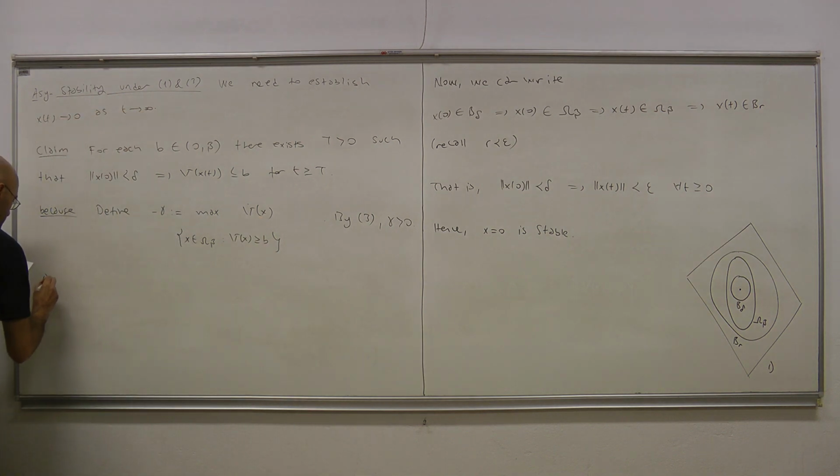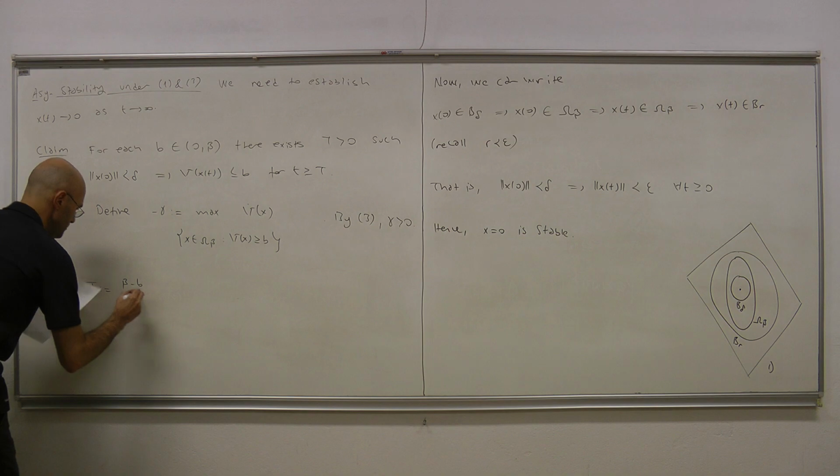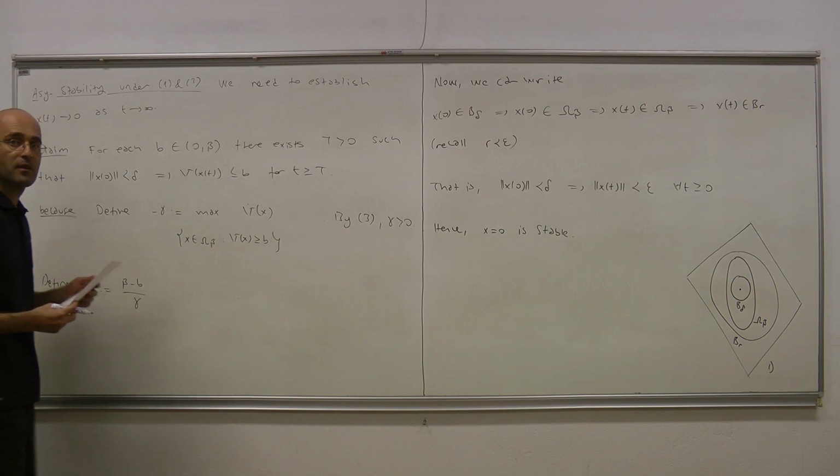Now define capital T as beta minus b over gamma.